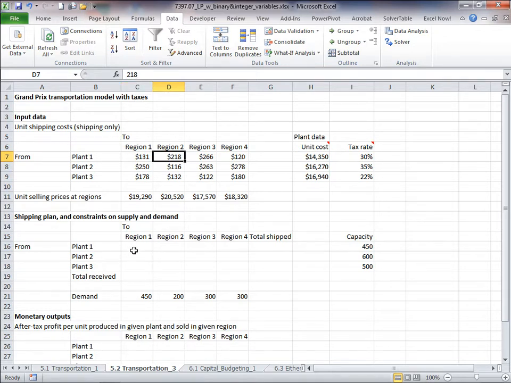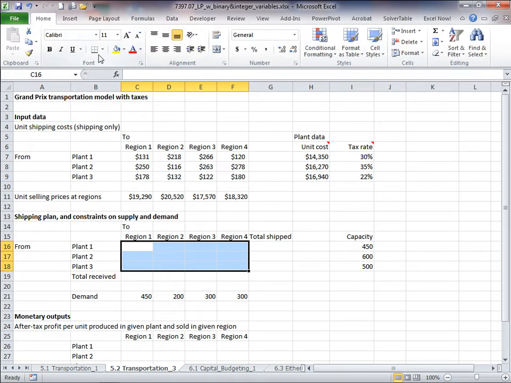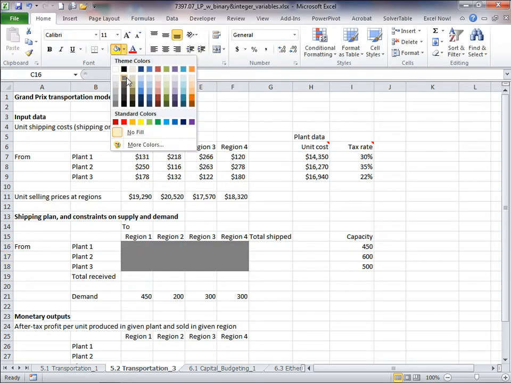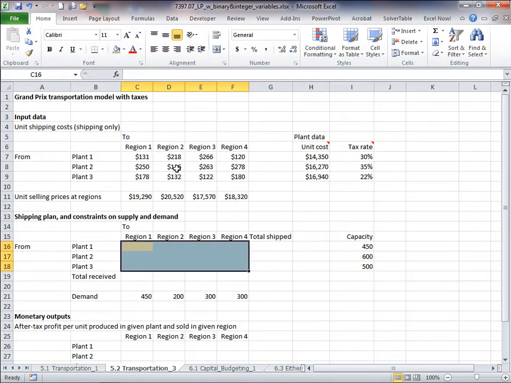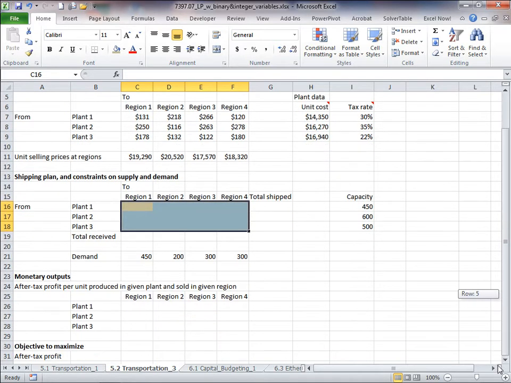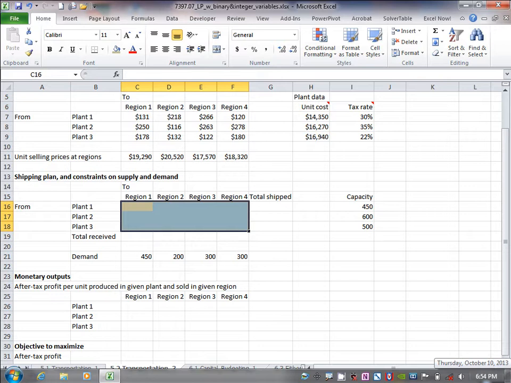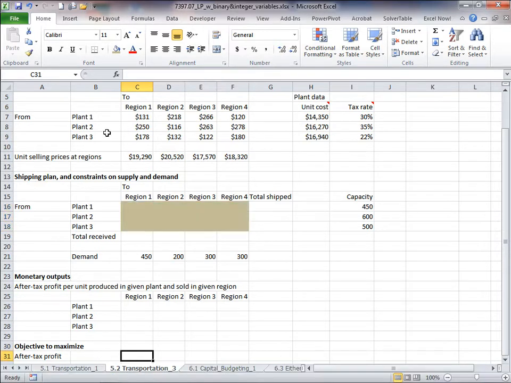Yeah, it's going to be the same as before. It's going to be the shipping plan, right? This is what we're trying to decide. So there's the shipping plan. Those are my decision variables. What's my objective function? Right, so after-tax profit is going to be my objective function.